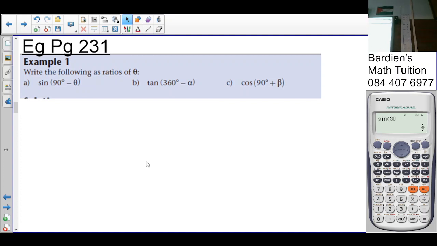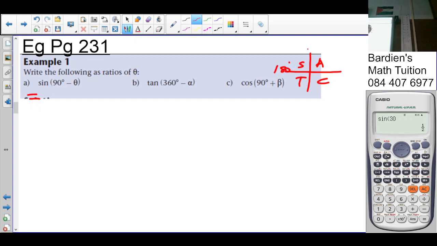Right, so let's do this. You'll always see when I do these sums, I always draw the CAST diagram to remind me of the signs with regards to the ratio, with the function. So sine of 90 minus theta. Answer is?